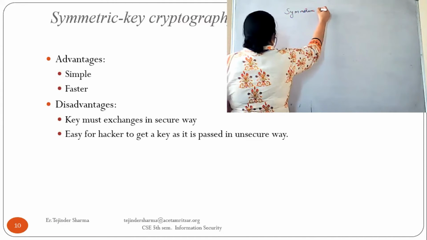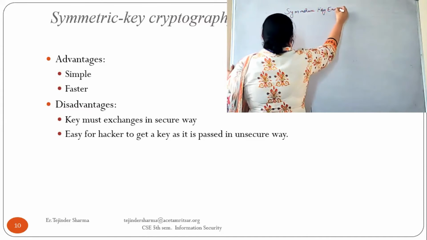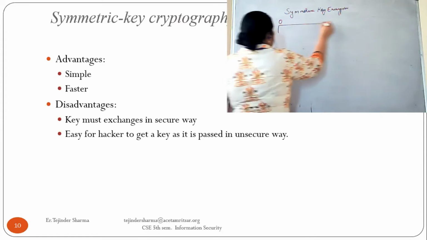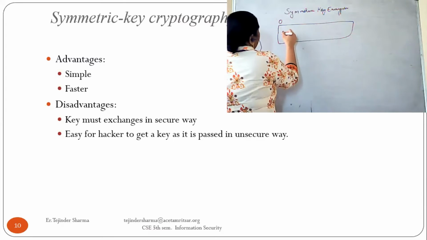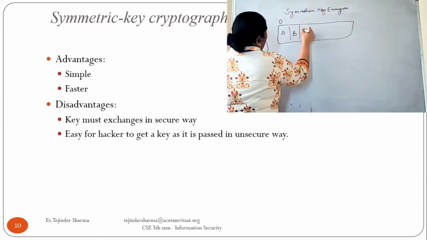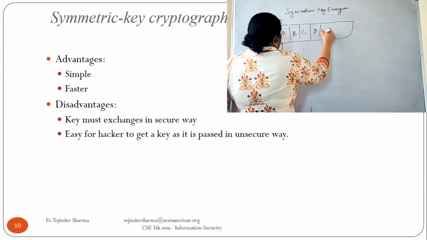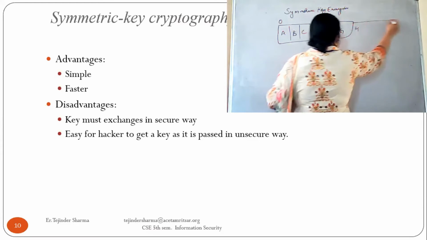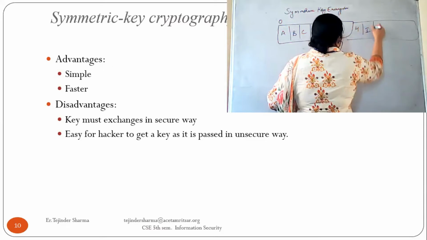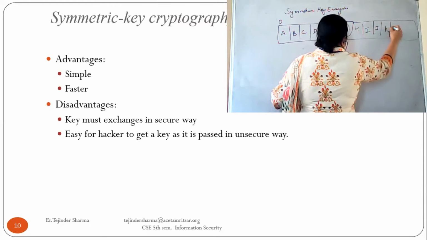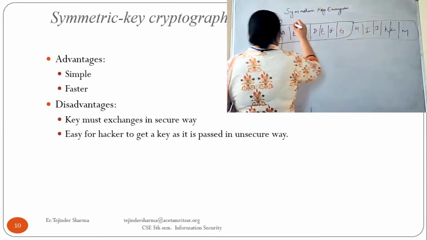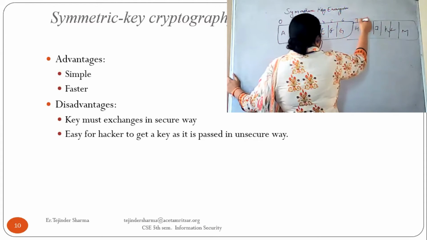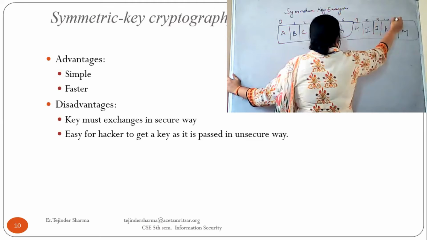I just want to give an example of symmetric key encryption. Right now we have some text in network security. Whenever we are sending some text, it is in character form. Letters E, F, G, H, I, J, K, L, M are numbered 0, 1, 2, 3, 4, 5, 6, 7, 8, 9, 10, 11, 12.